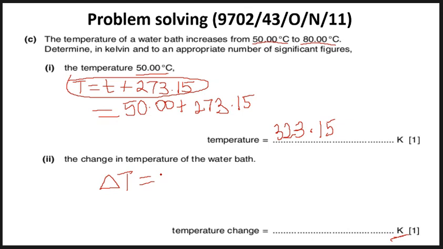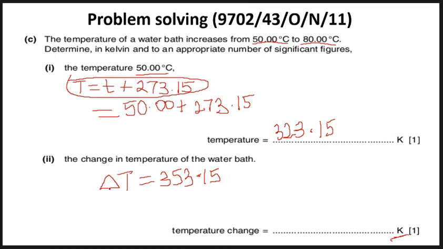Obviously I will be having something like 353.15, if I substitute for 80 and add it up.